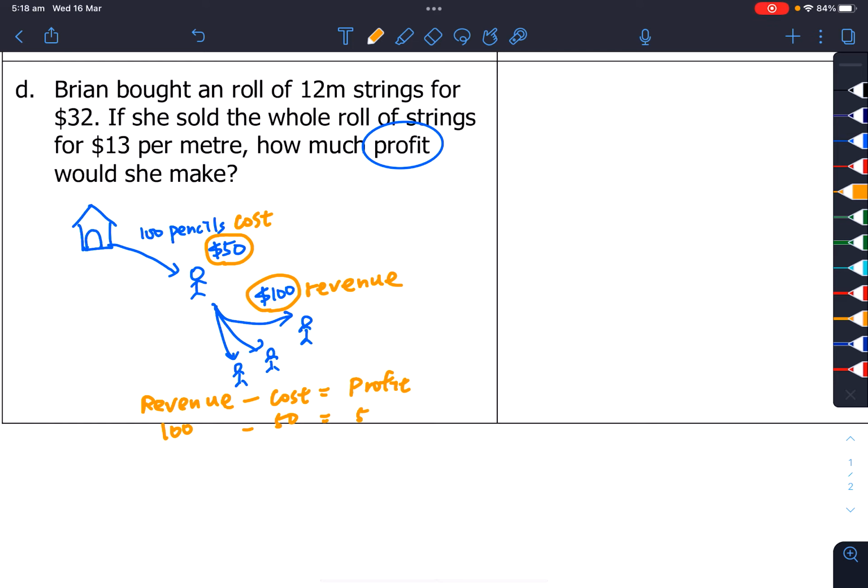So you make $50. We call it profit. So the same equations, the same scenario. If you bought 12-meter strings for $32, so it means the cost now is $32.